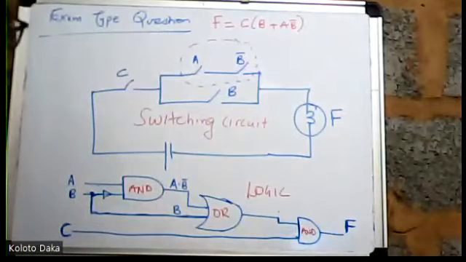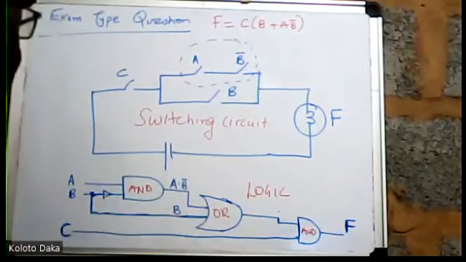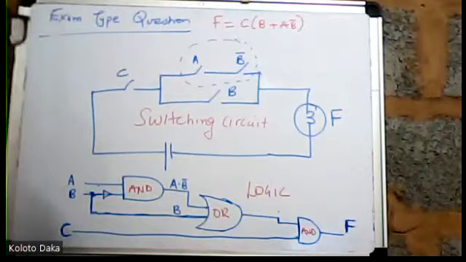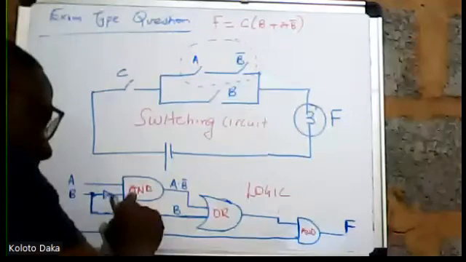And these things, you are going to find them in digital electronics. This is how we design digital gates. So here we have A dot B because they are in series.